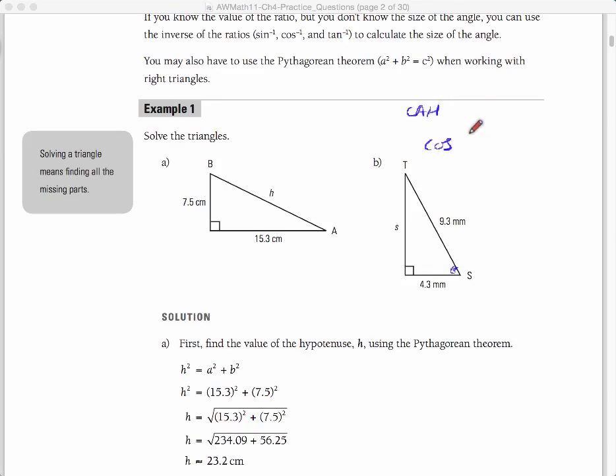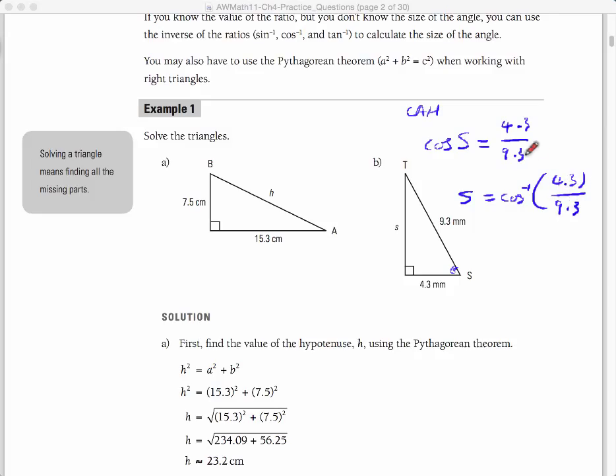Cos of the angle, which they're calling S, equals the adjacent over the hypotenuse. Then we inverse cos both sides to give us S equal to inverse cos of 4.3 divided by 9.3.